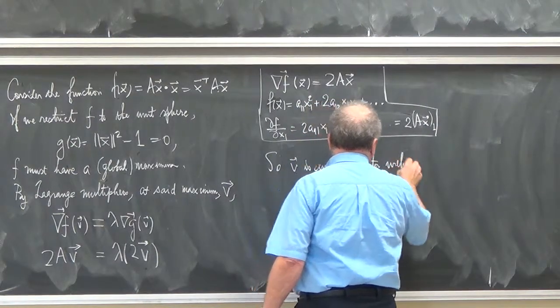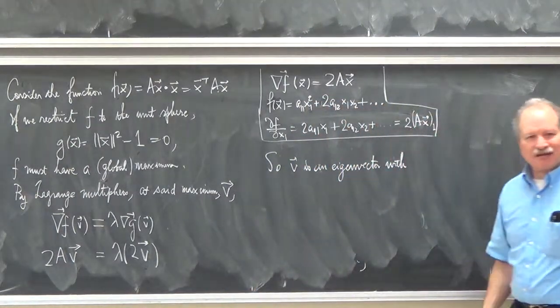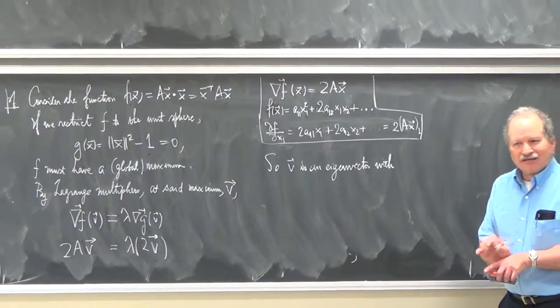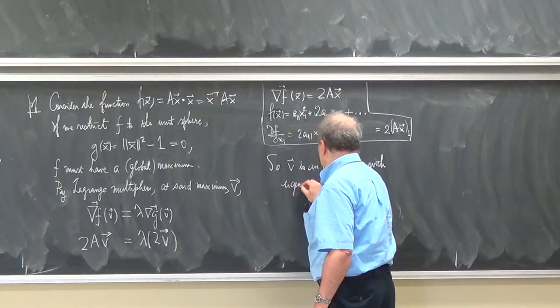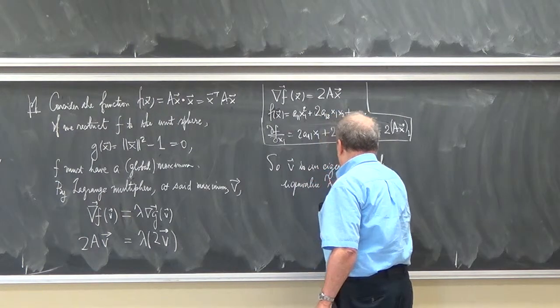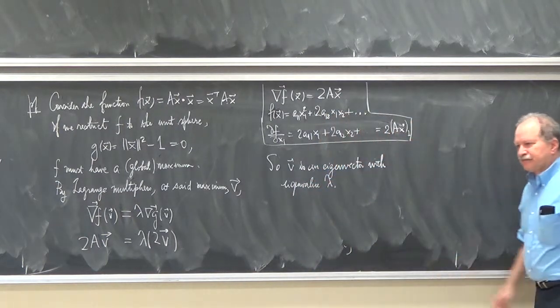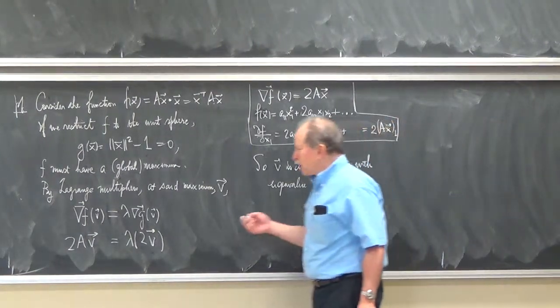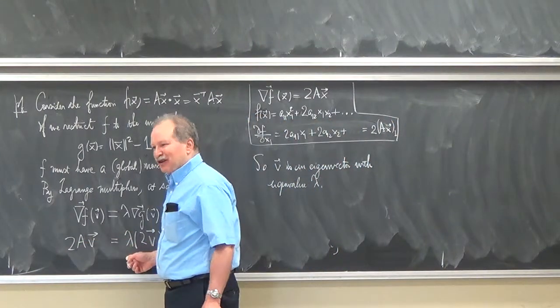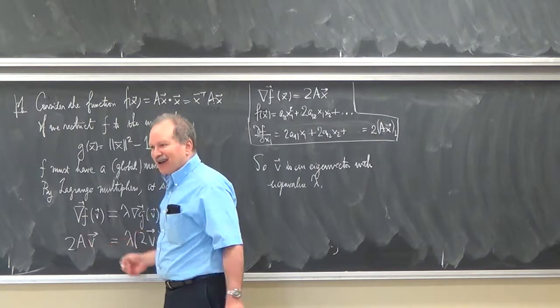And the Lagrange multiplier has the neat meaning of being the eigenvalue. So Lagrange multipliers are a cool way of finding eigenvalues in certain situations. The trouble is, to actually solve the Lagrange multiplier problem, you have to find an eigenvector.